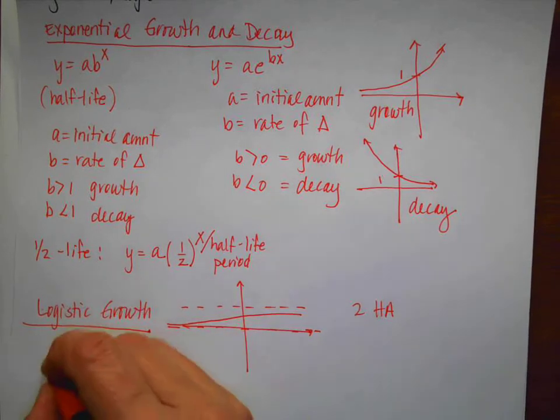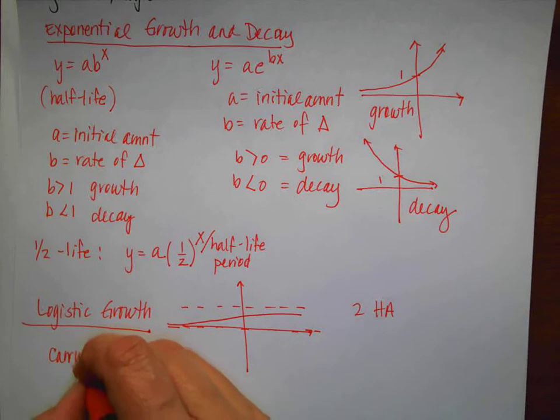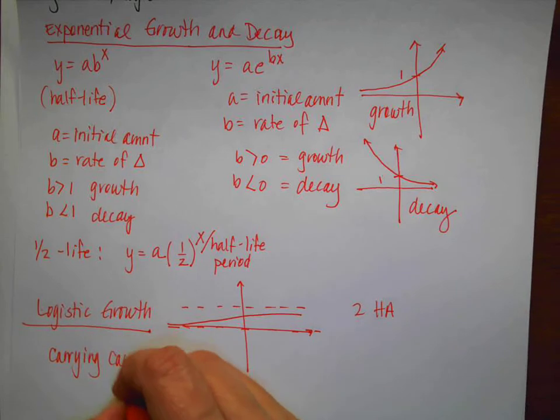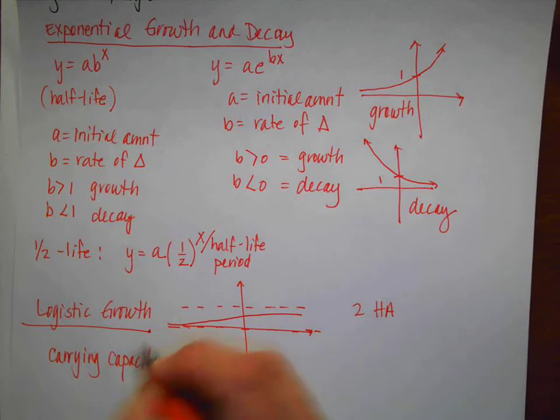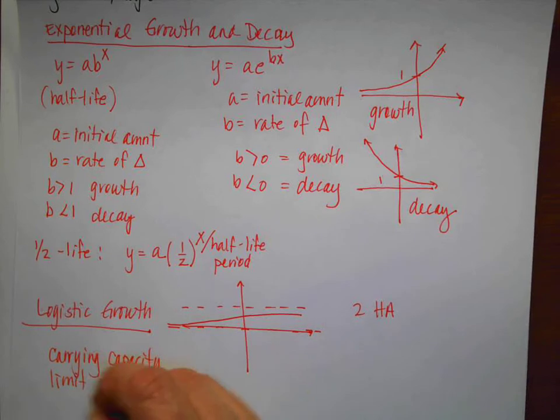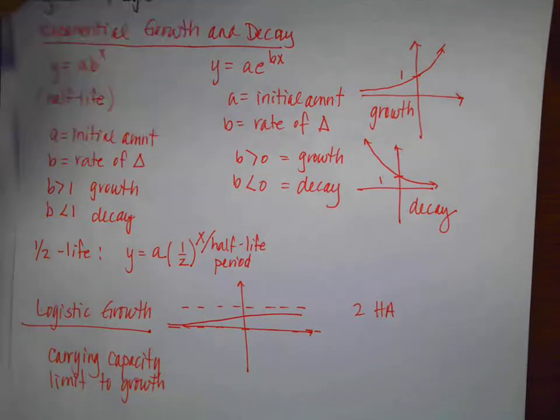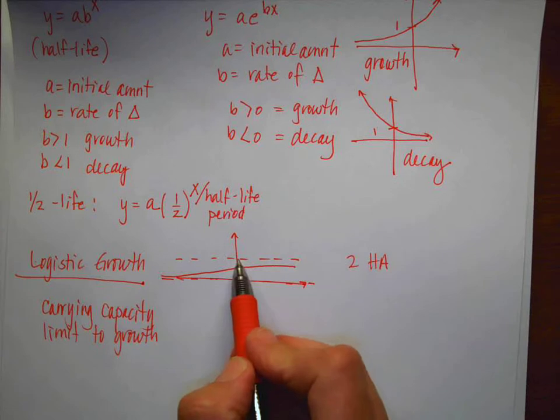The top asymptote is called the carrying capacity, and again, it depends on what book you're using. It's also called the limit to growth, which means that this is the absolute capacity that something can be.